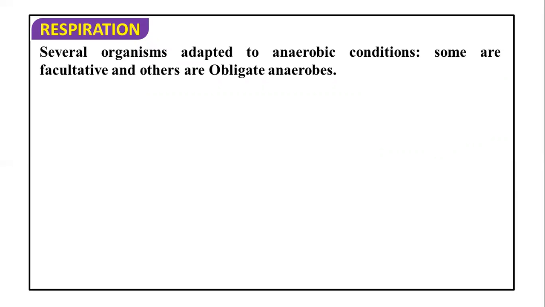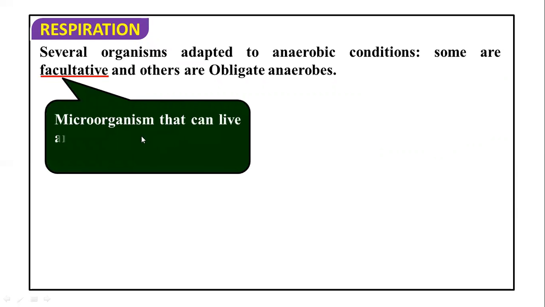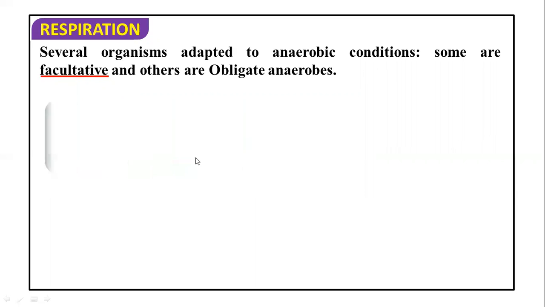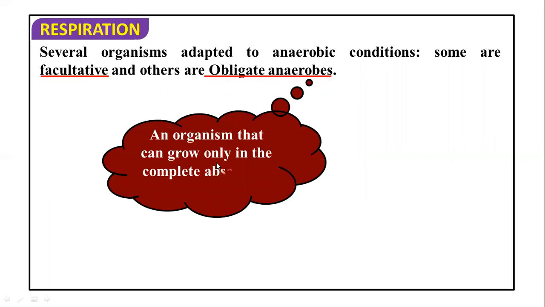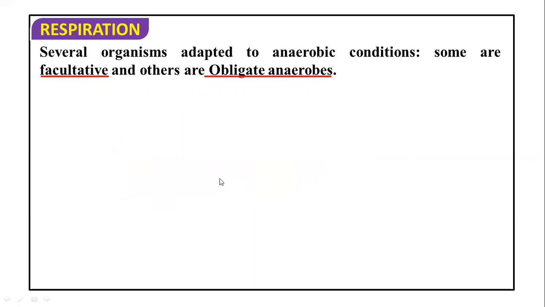So facultative anaerobic microorganisms can live and grow with or without molecular oxygen. The obligate anaerobe is an organism that can grow only in the complete absence of molecular oxygen. In the presence of oxygen, they die. That is an obligate anaerobe.